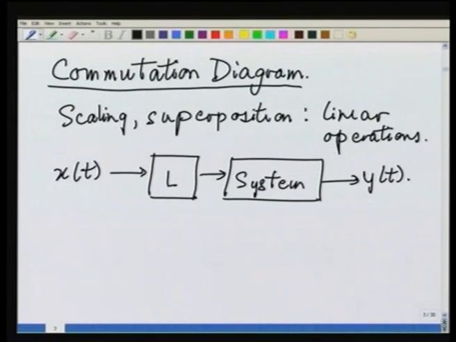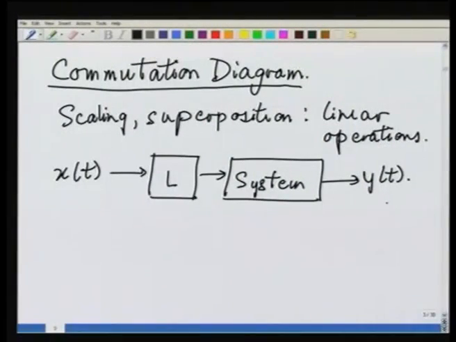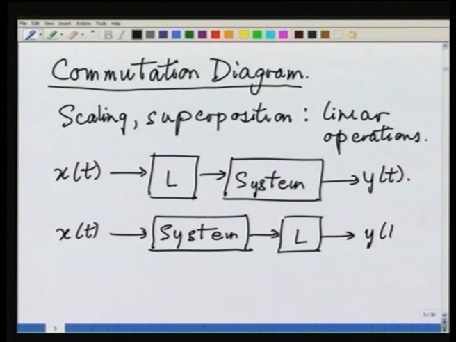Now, if the system is linear, then this output should be the same if I first pass the signal through the system, pass the input through the system and then apply the linear operation. That is to say that if I did this instead of the above, I should still get y t.